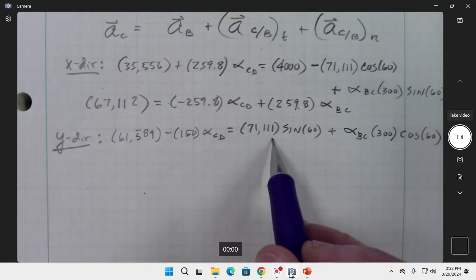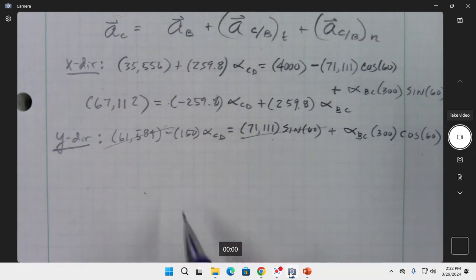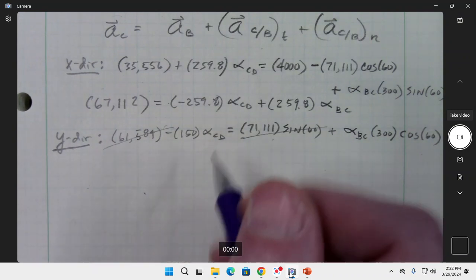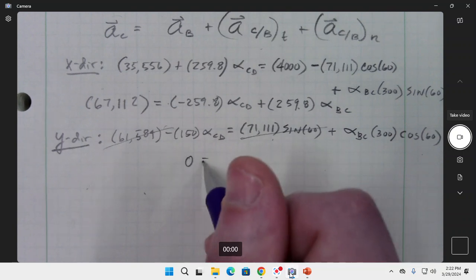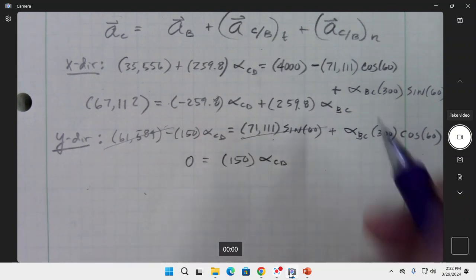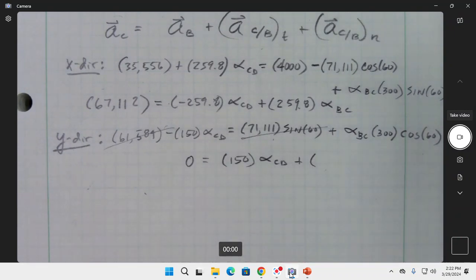But I think that's going to subtract out. Thank you. So that actually cancels with that. This makes it a little bit easier in some respects. We're going to have equals 150 alpha CD plus, and we know that one of these has to be negative, they couldn't both be negative. So we had the cosine of 60, that's right here.